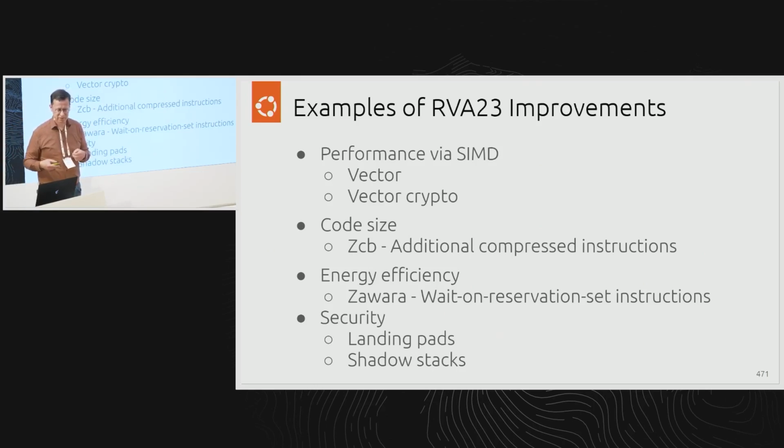This wait on reservation set is, you often wait for a second thread to do something, and you can simply say, I just switch off the core until this memory cell has essentially been changed. And security-wise, there are extensions now in the optional set for landing pads and shadow stacks, which really give you control flow integrity once they are implemented.